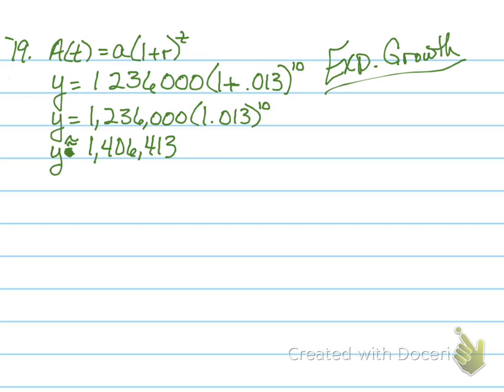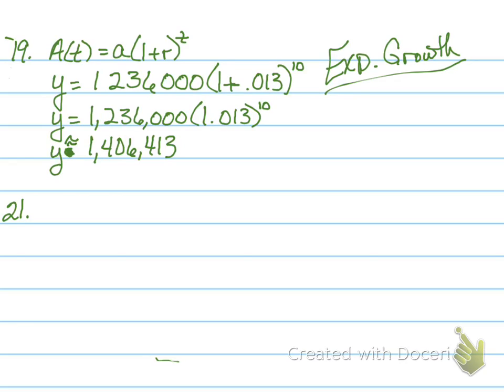All right, let's talk about number 21. Okay, this one is an advanced problem, but that's okay. All right, the value of a piece of equipment has a decay factor of 0.80 per year. After 5 years, the equipment is worth $98,304. What was the original value of the equipment?